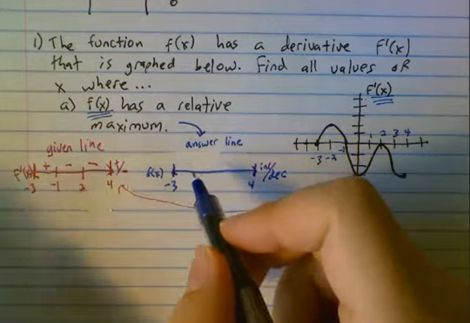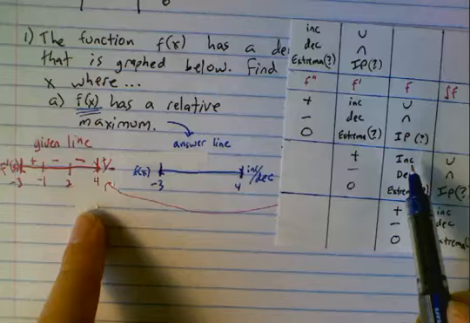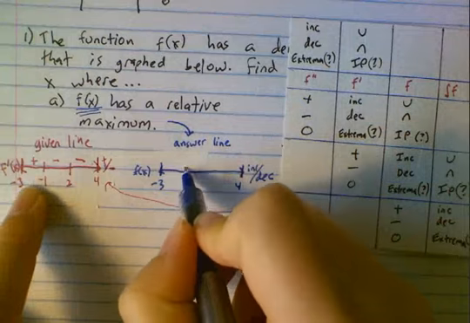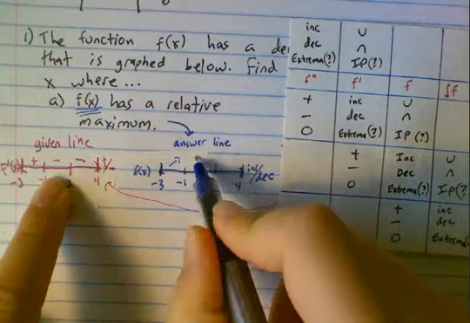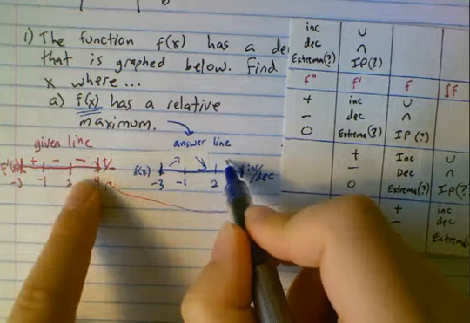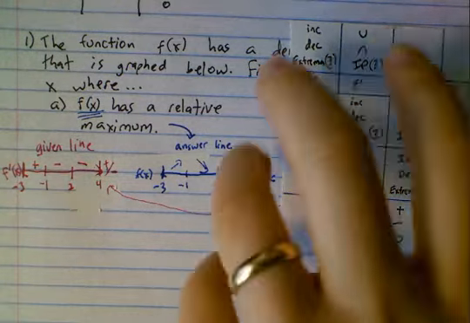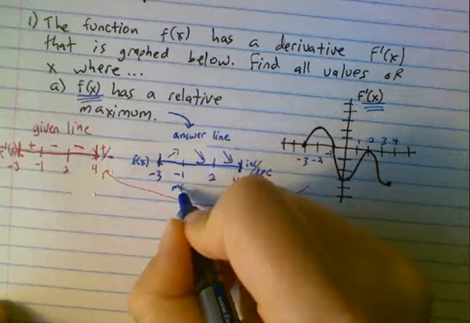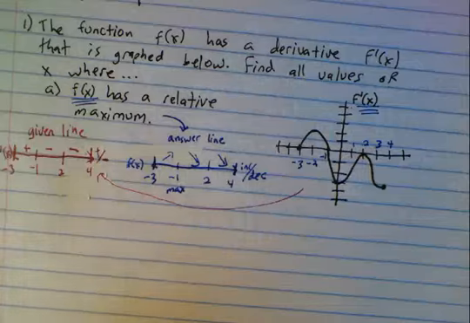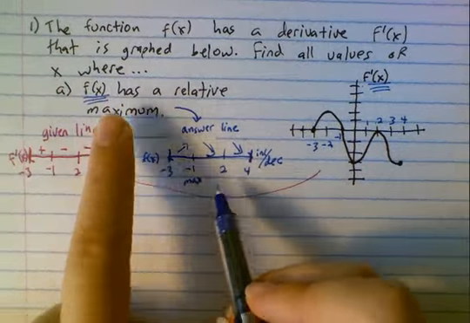So positive translates into increasing, negative translates into decreasing, negative translates into decreasing. And then I can go and label these. I can see increasing to decreasing, that's a maximum, and then this is nothing. So, looking right here, where does f of x have a relative maximum?